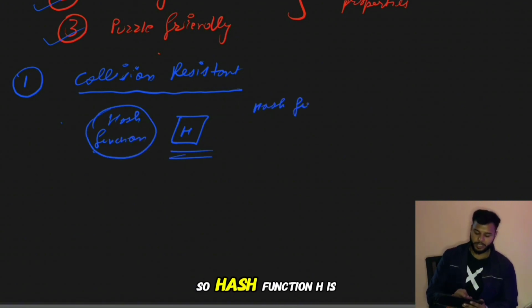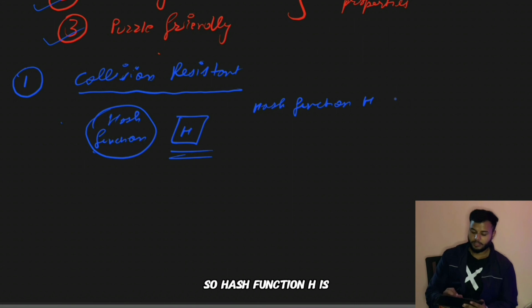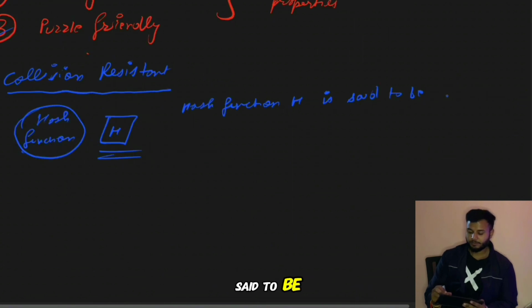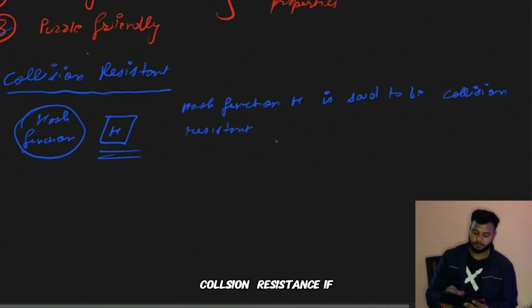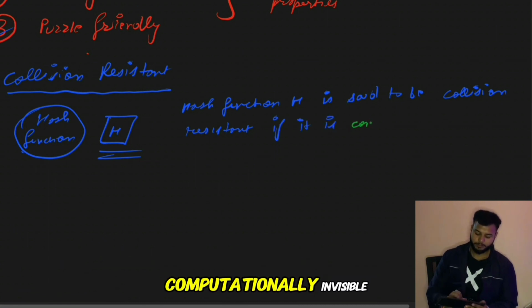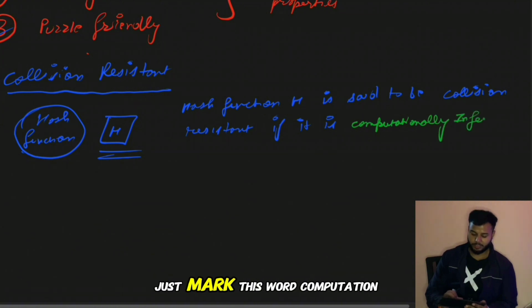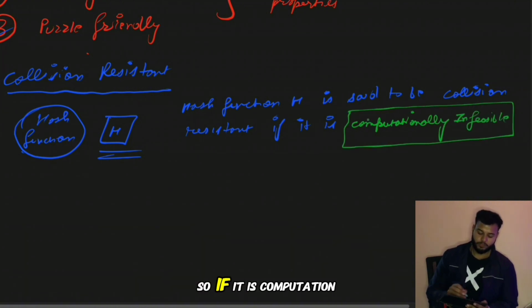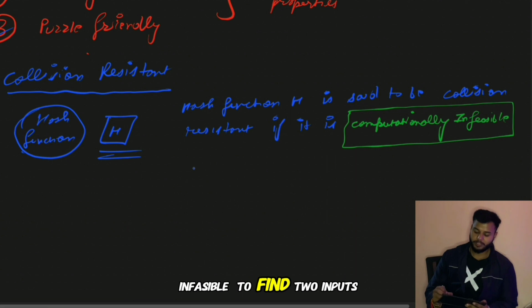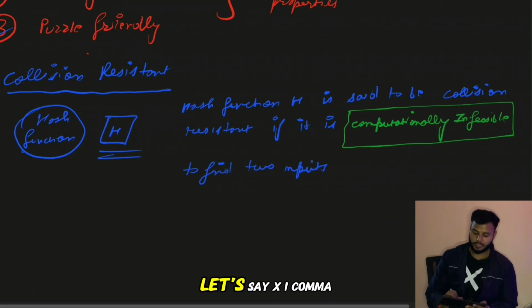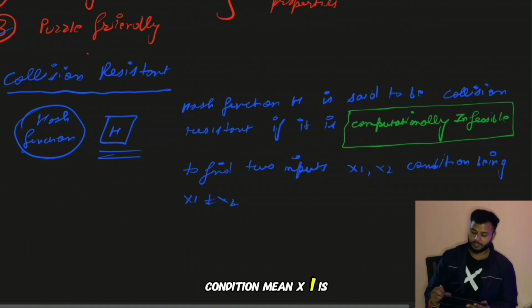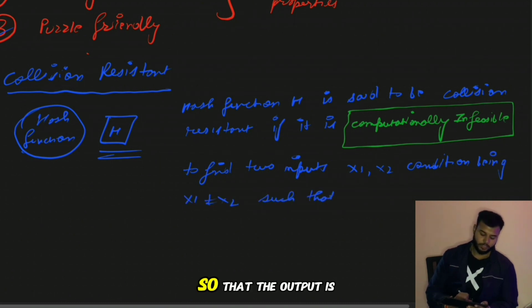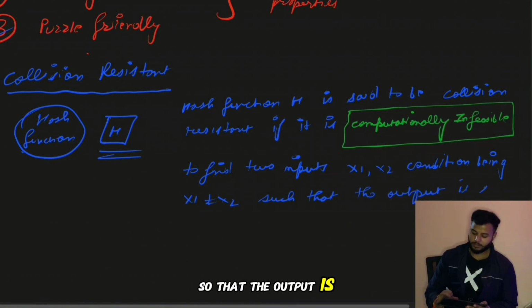The hash function h is said to be collision resistant if it is computationally infeasible, just mark this word, computationally infeasible, to find two inputs, let's say x1, x2, with the condition x1 is not equal to x2, such that the output is the same.